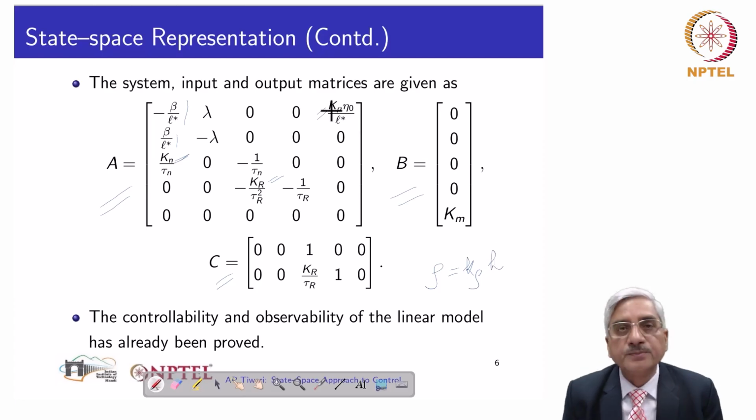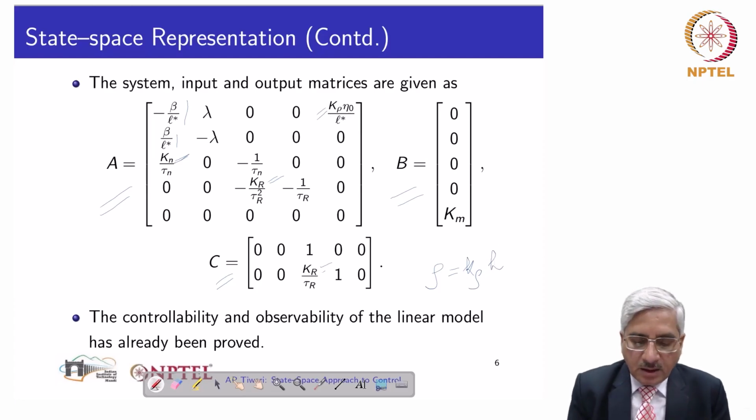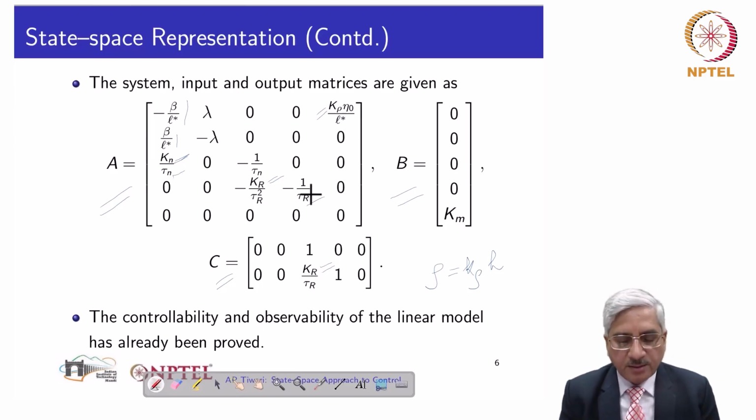This is also pertaining to the rate amplifier, and the time constants also pertain to the linear and rate amplifiers. So these are the A, B and C matrices characterizing the state space model of the system.